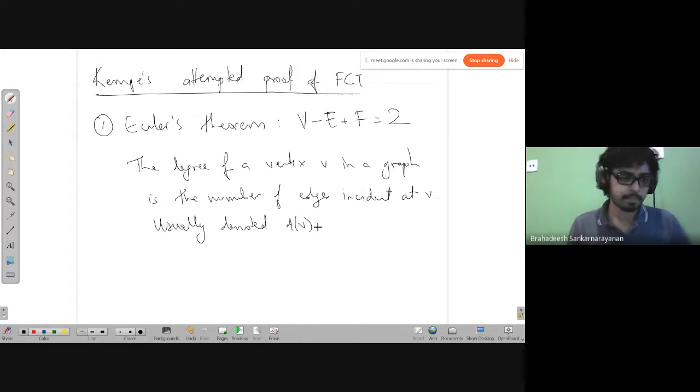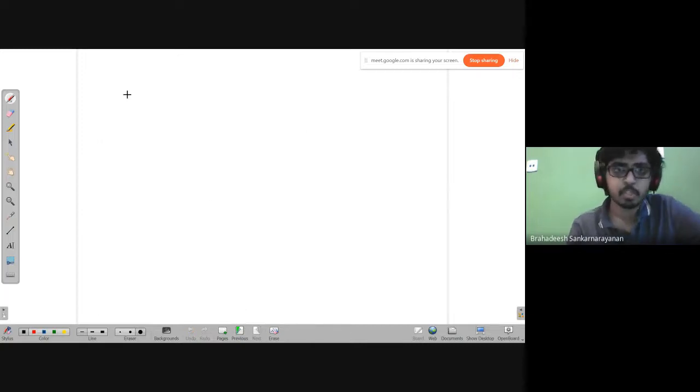That's the degree. Just keep Euler's theorem in your mind. So here's the first claim. The claim is that if you have a connected planar graph, so connected, again, I'm not going to give the formal definition. It should be in one piece.